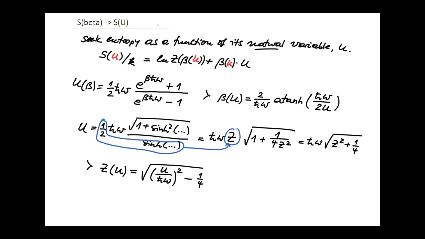And now we have all the ingredients that we need. We have beta as a function of U, a formula that we insert up there. And then we have the partition function as a function of U, and that formula we insert here.